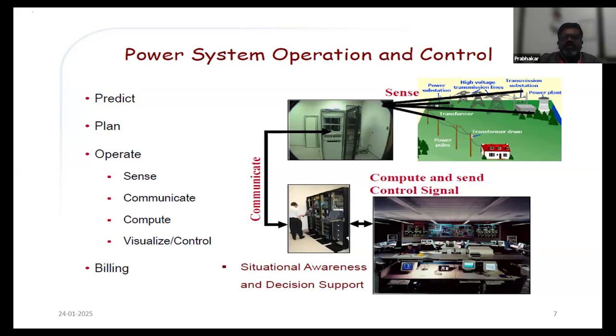And similarly, communication is very important, so that it can communicate with the PMUs or with the other systems. So what are the communication protocols, and how far the standards are maintained, and visualization and control. This is another important area in which people do research, how to visualize the data.